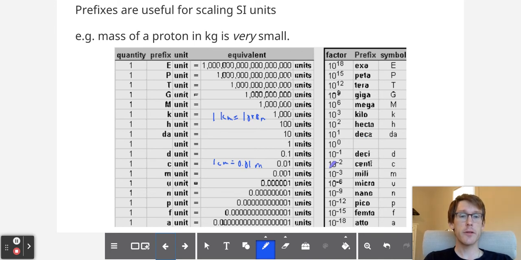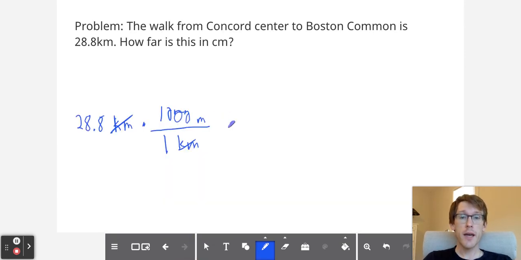And next what I'm going to do is convert to centimeters. And I've got that conversion factor already. Personally, I would rather say that there are 100 centimeters for every 1 meter. Although you could quite easily say that 1 centimeter would be 0.01 meters.